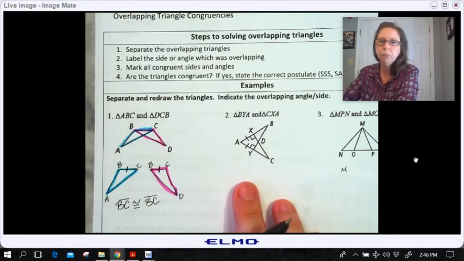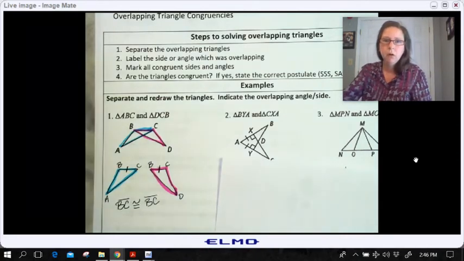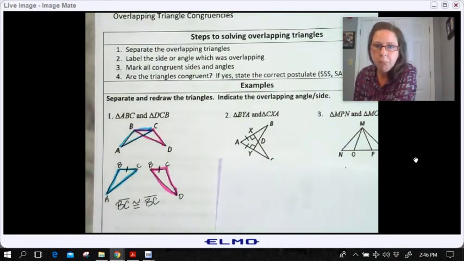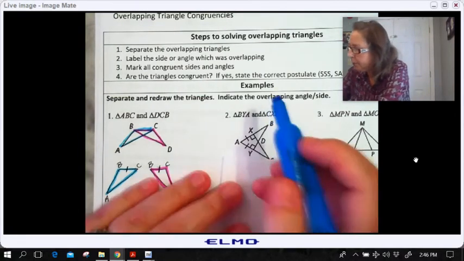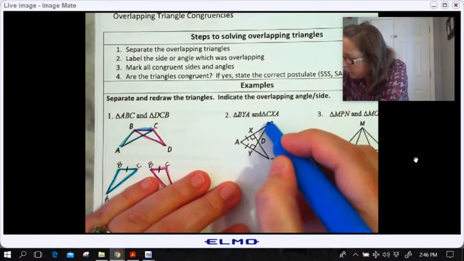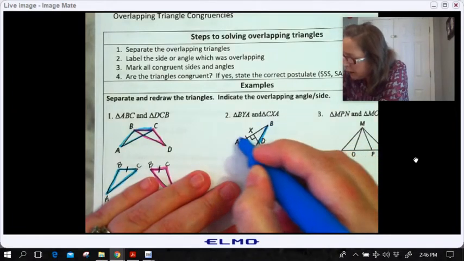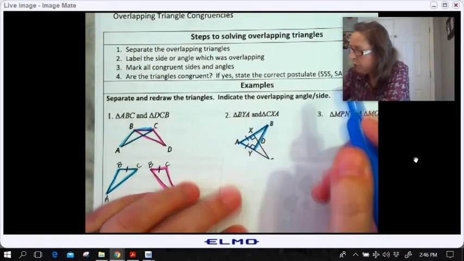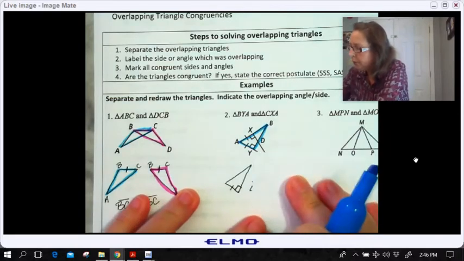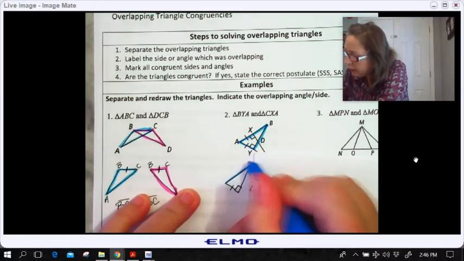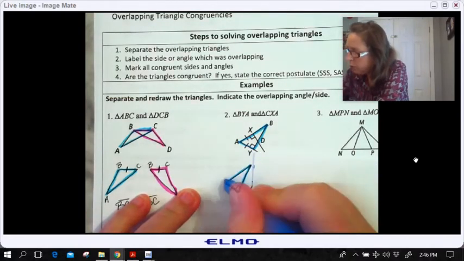So let's do number 2 together. I have triangle BYA, and then go ahead and continue it around. So here's what this would look like if I did that on my own.